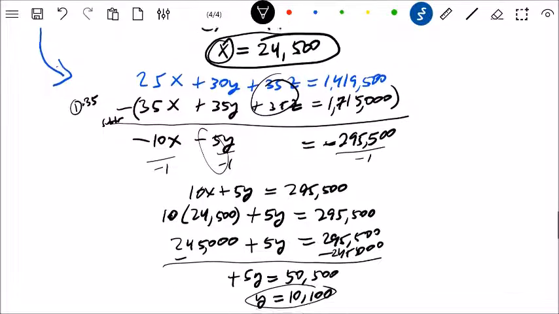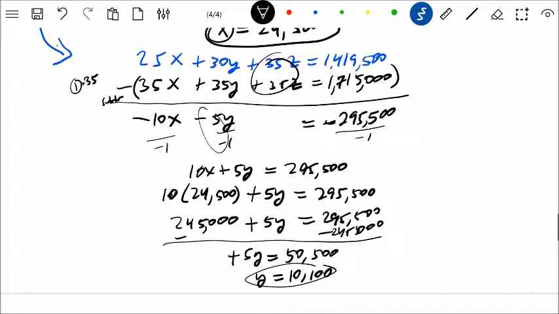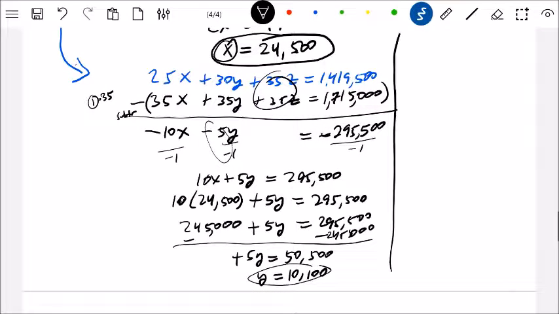So now I have two of these. I have x and y, and so we know, if I do x plus y plus z is equal to 49,000, I now know that for x I can put in 24,500. For y, it's 10,100, plus z is equal to 49,000.